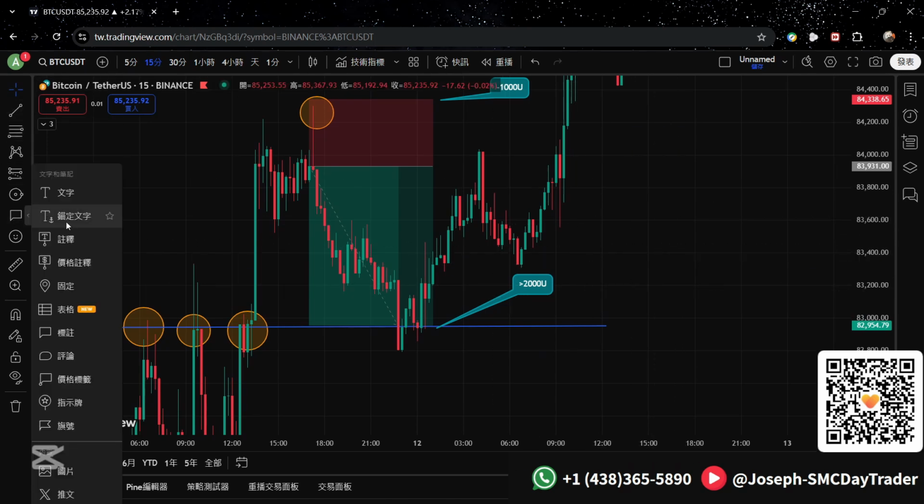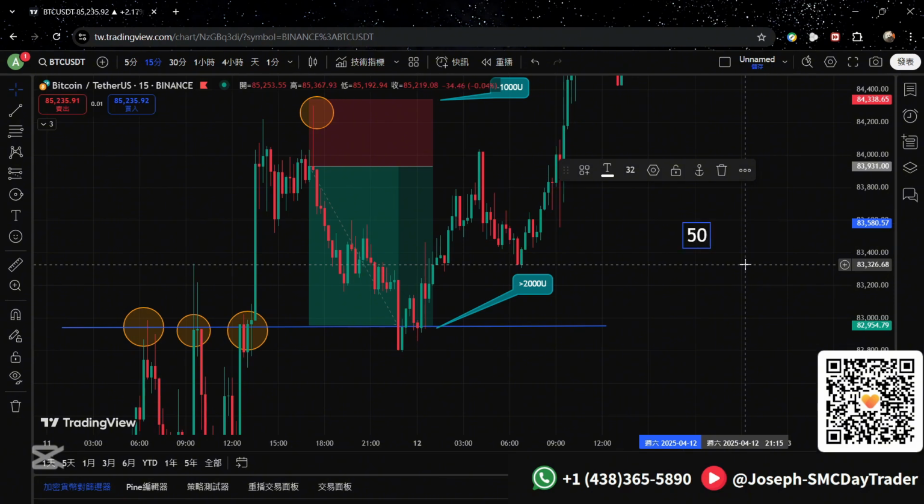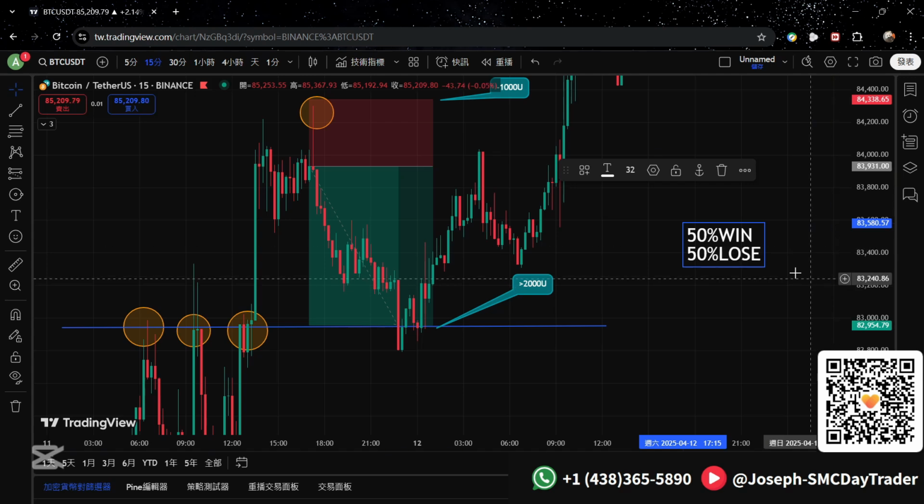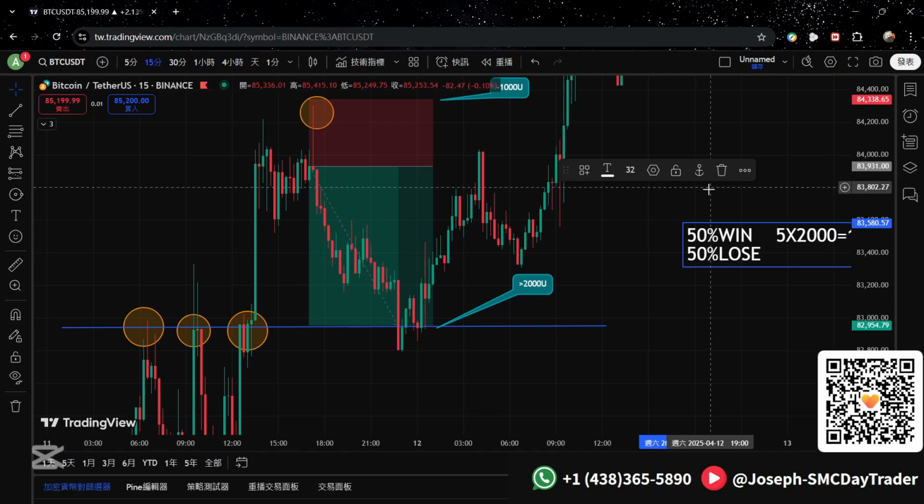Just for example, every trade we have a 50% chance to win and 50% to lose. Honestly, 50% is very high, it's a very good win rate. So in a big number of trades, or just for example in 10 trades, we win 5 times with a profit of 2,000 each, that equals 10,000.